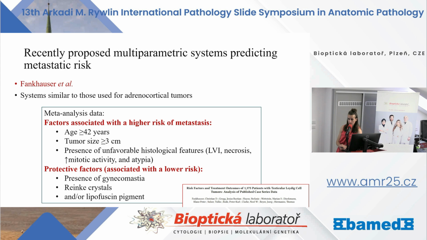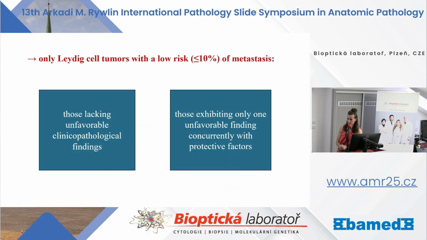And they also established some protective factors, which were, according to them, associated with a lower risk of metastatic spread or aggressive behavior. And it is the presence of some symptoms of gynecomastia. And histologically, we found Reinke crystals or lipofuscin pigment. It also seemed to be associated with a lower risk of metastasis.